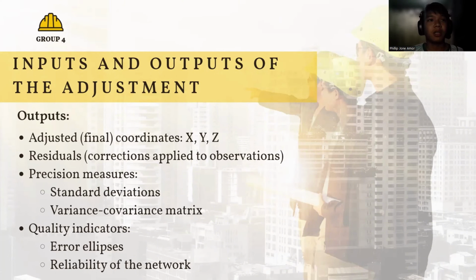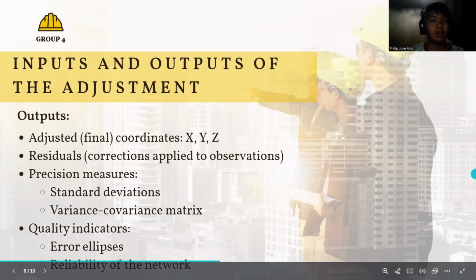We also get quality indicators like error ellipses and network reliability, which also help us evaluate how trustworthy the results are.